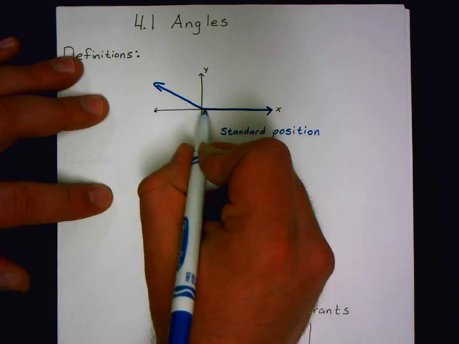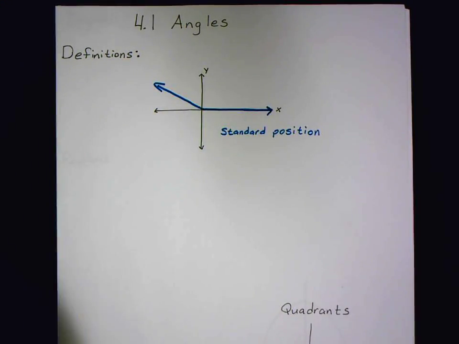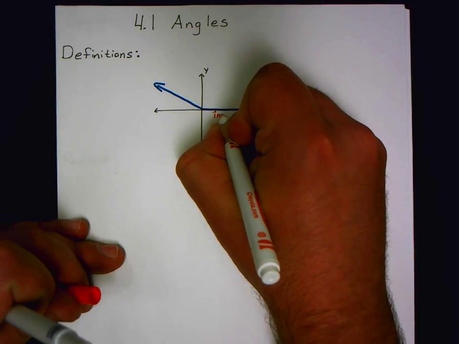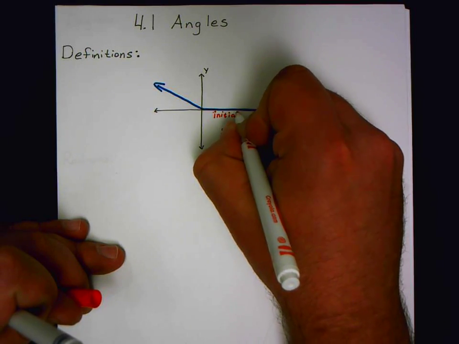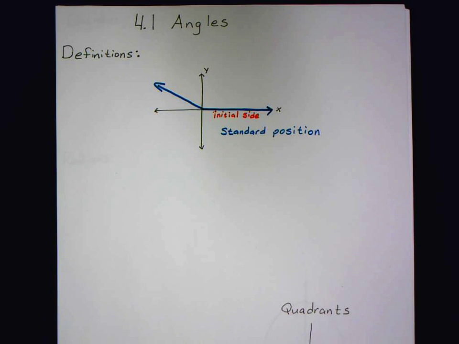Standard position is any time that your initial side, which this here is called the initial side, is on the positive x-axis. That's just called standard position.